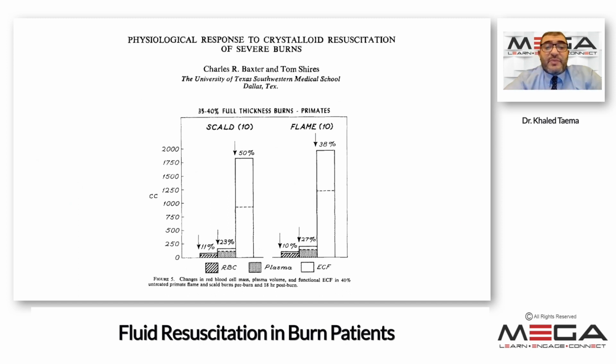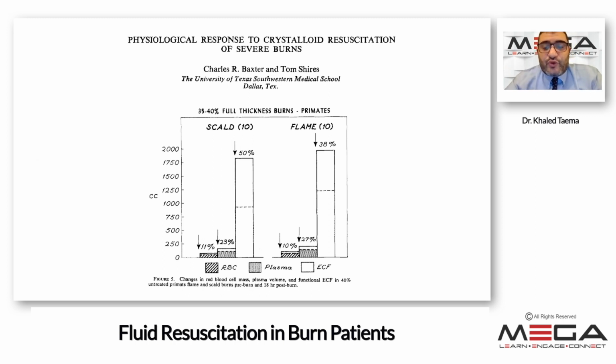This study done by Baxter was a milestone trial in resuscitation, upon which the development of the Parkland formula was based. This was an animal trial where they evaluated the fluid exchange and fluid losses and the cardiac index in untreated burn animals, and then compared outcomes with different volumes and modes of resuscitation.